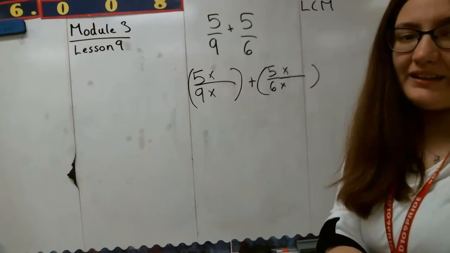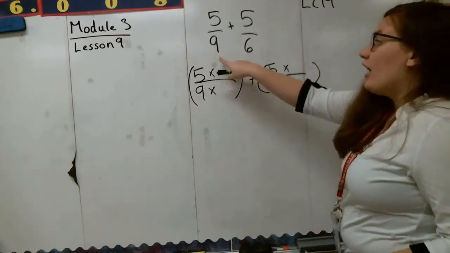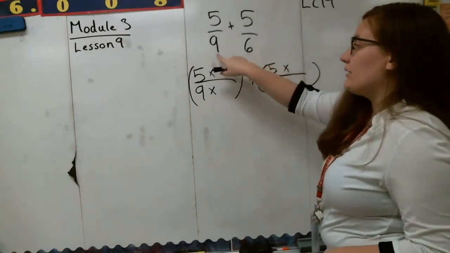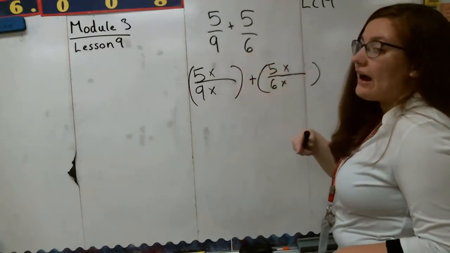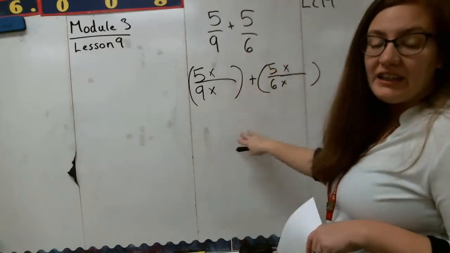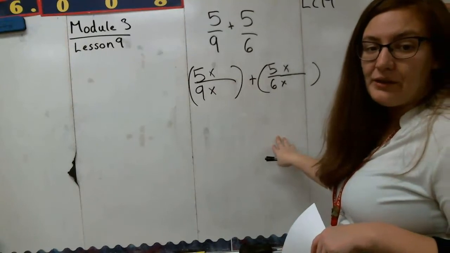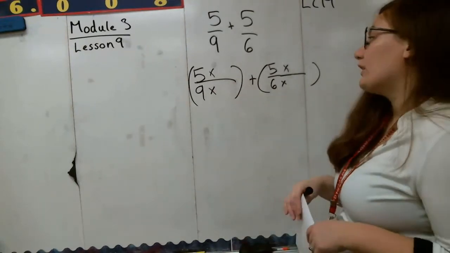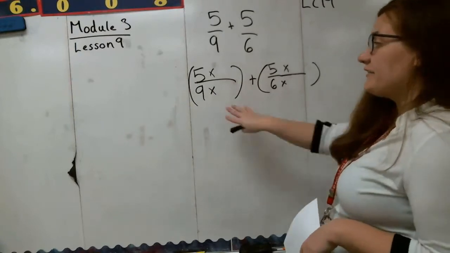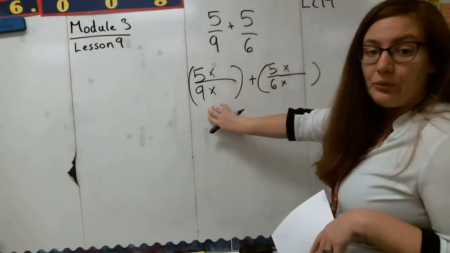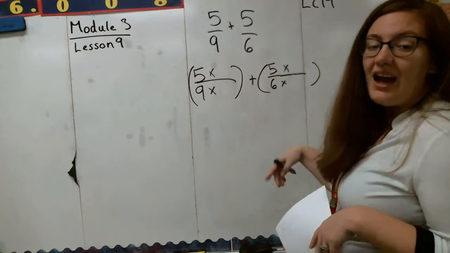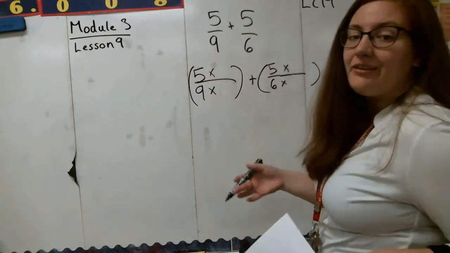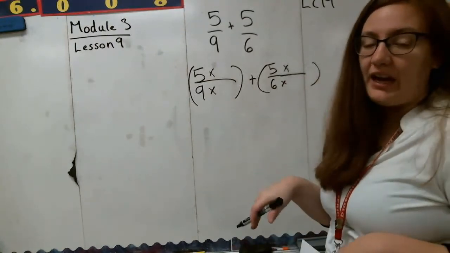What I mean by this is we are trying to find a number that both of these fractions can have as their denominator that would give them a common denominator, but the number is going to be a lot smaller and easier for me to work with. So instead of having 54 as my denominator, like I would have if I did 9 times 6, I'll have a smaller number that will make it easier for me to eventually simplify.